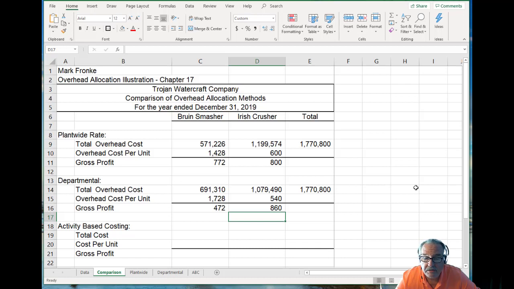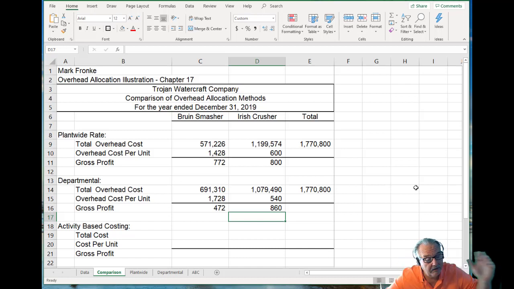Irish Crusher actually got more profitable. Because we shifted $120,000 away from the Irish Crusher and to the Bruin Smasher, the overhead cost per unit went down $60 and the gross profit went up $60.